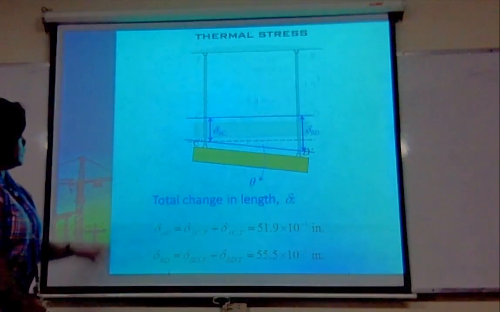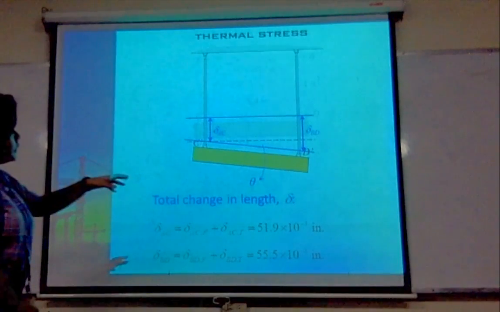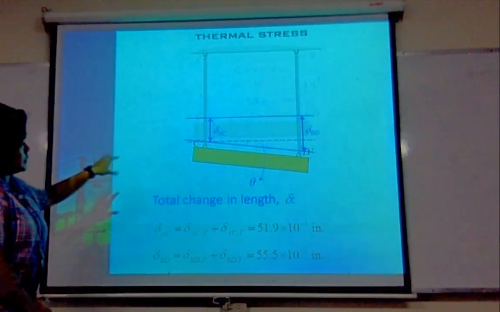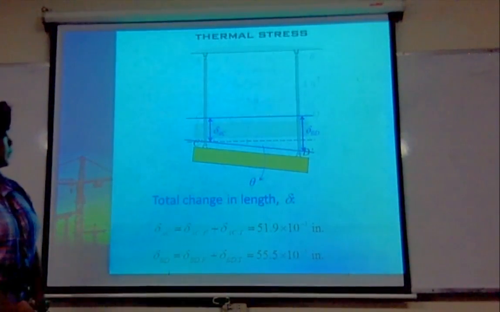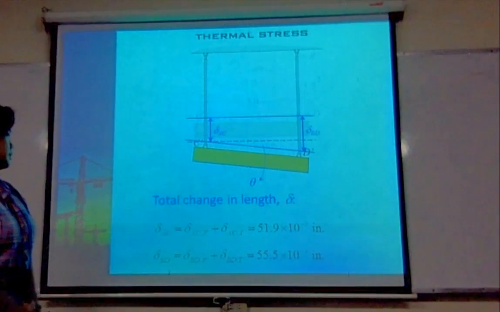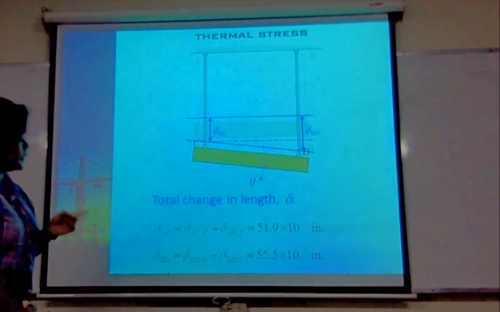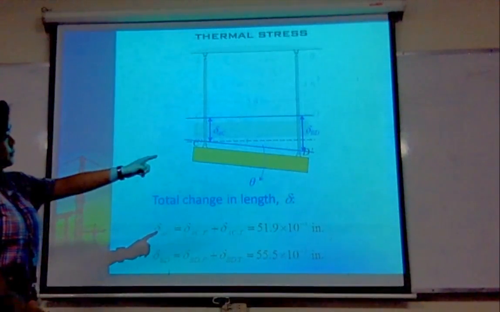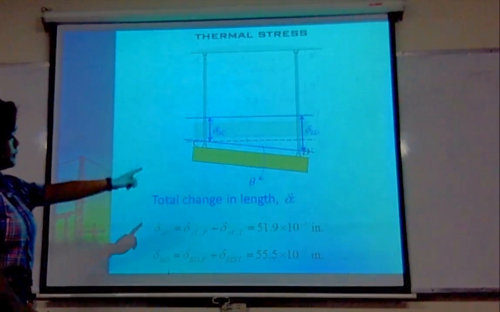Since the applied force is here at the bar BD, the inclination will be downwards toward AC. We can compute the angle by getting the tangent of the deformation of BD minus deformation of AC.